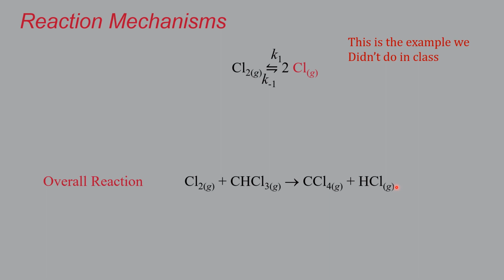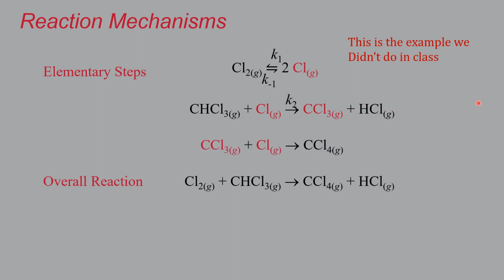Step one is an equilibrium step: the dissociation of Cl2 into its chlorine atoms. Step 2 is the reaction of the trichloromethane with chlorine to form this CCl3 thing and HCl. And that has a rate constant K2.